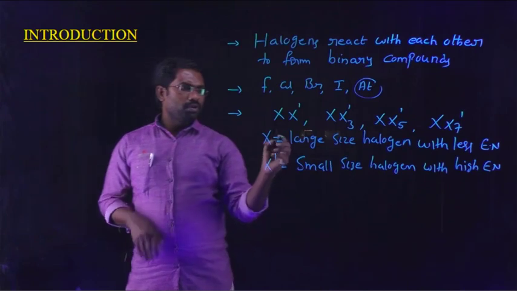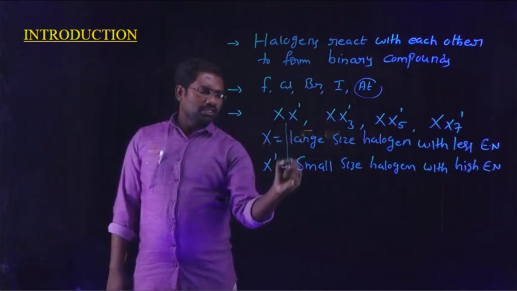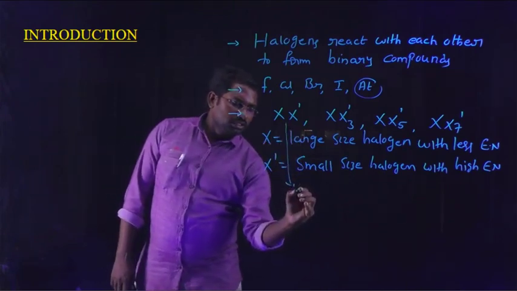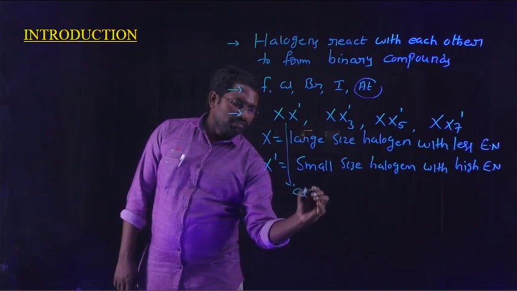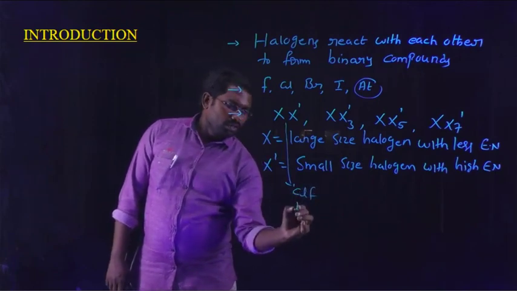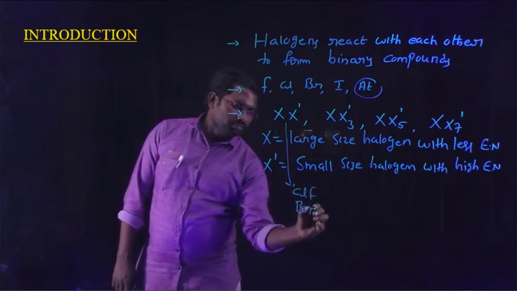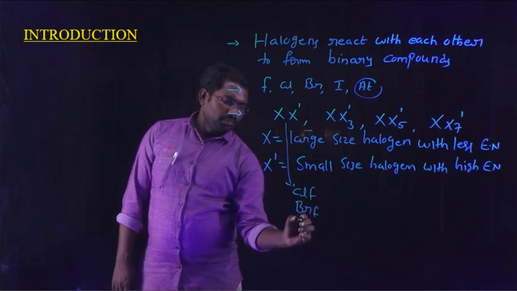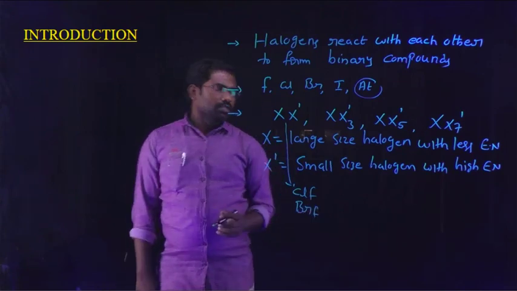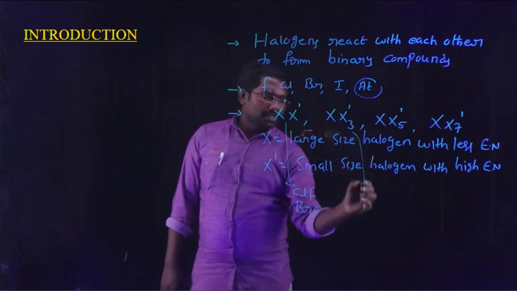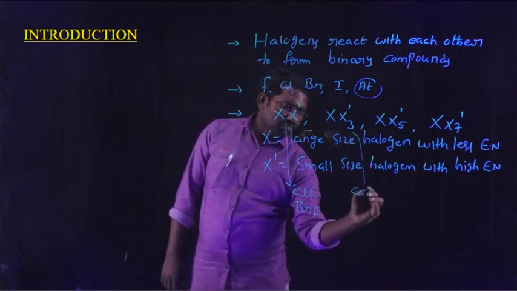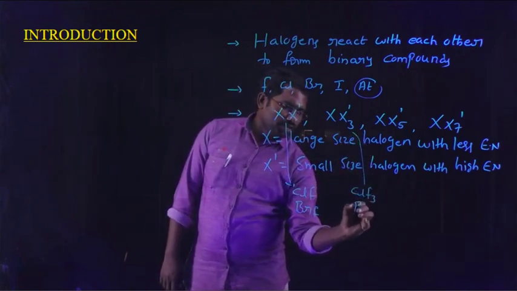For example, in case of XX' type, ClF and BrF, and like this. In case of XX3' type, ClF3, BrF3.